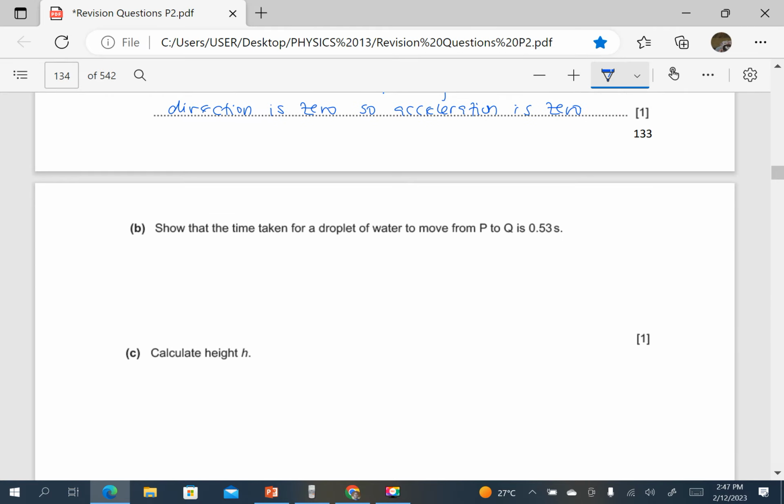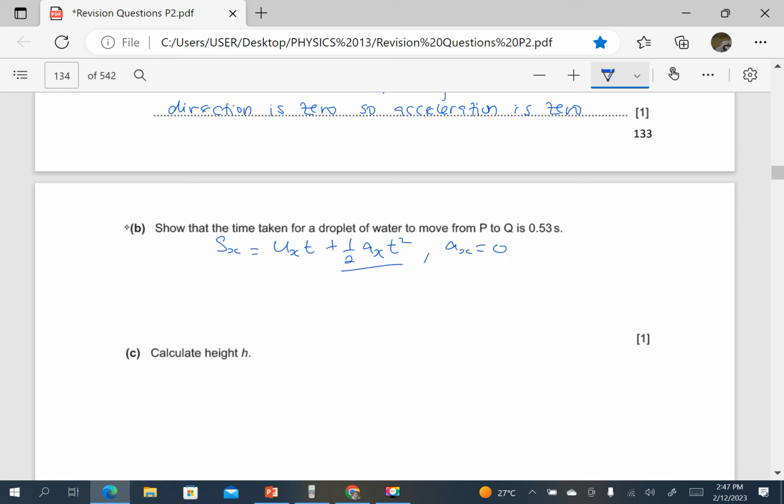Show that the time taken for the droplet of water to move from P to Q is 0.53 seconds. I think that is easy. P to Q, we can consider horizontal motion since they gave us the horizontal distance. So s in the horizontal should be equal to the initial velocity in the horizontal times t plus a half acceleration in the horizontal times t squared. Remember, in the horizontal, acceleration is zero.